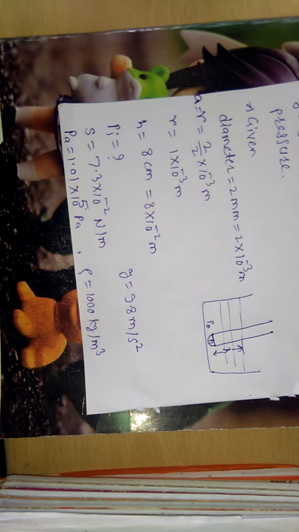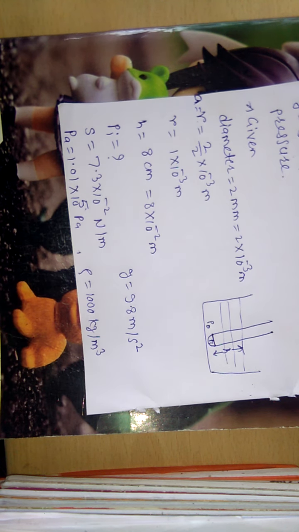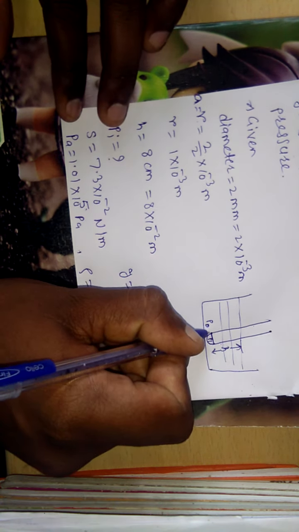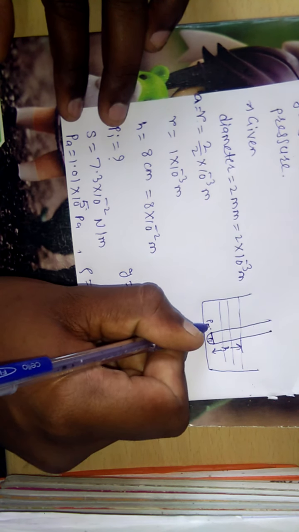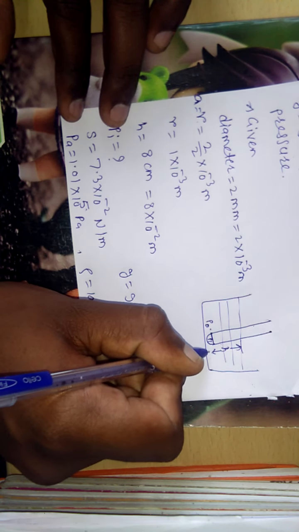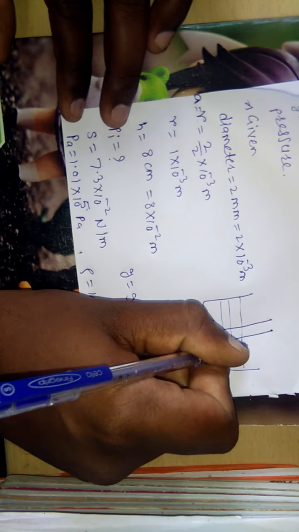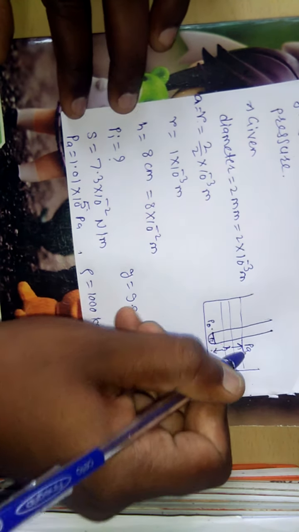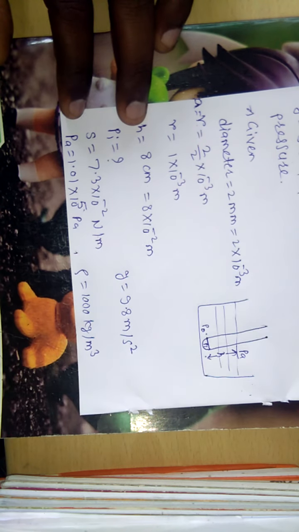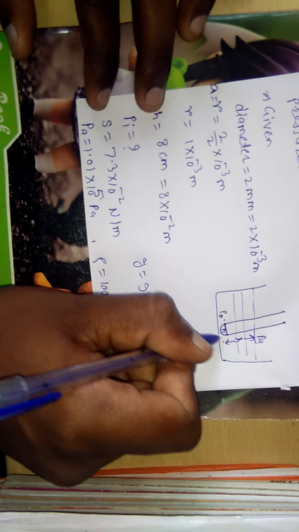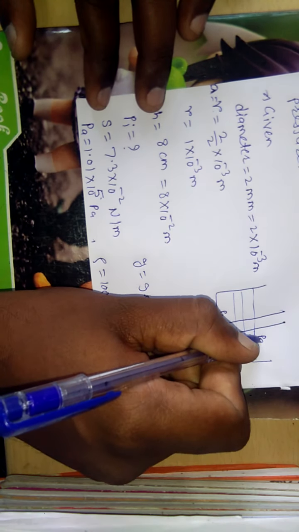Then we have to find the pressure outside the bubble. How to find the pressure outside the bubble, meaning the pressure here? The pressure outside the bubble is equal to the atmospheric pressure plus rho g h.